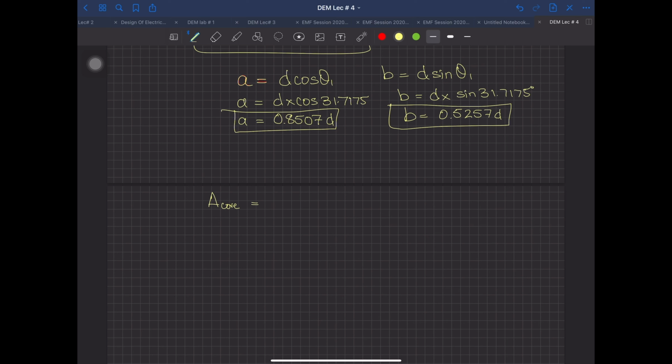So now you have A and B over here, and based on this now, can you find out the area of the core, which was equal to 2AB minus B square? Plug in the values now.